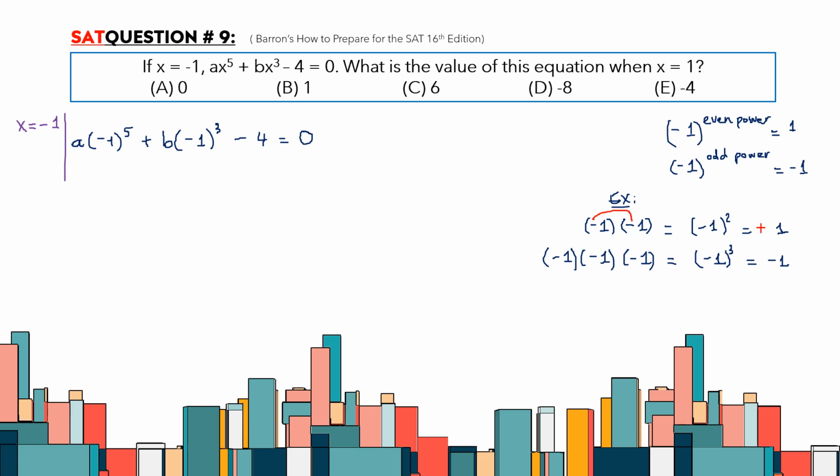For the -1 to the power of 3, we have this one with this one in a pair, and the only one left is negative, and the pair produces positive. The product of a positive and a negative number will produce a negative. So that's how we got the -1 right here.